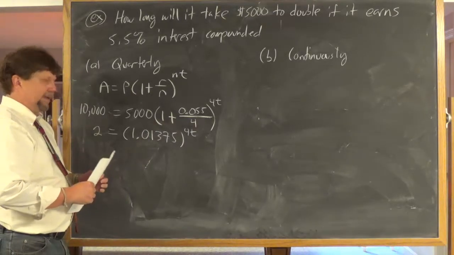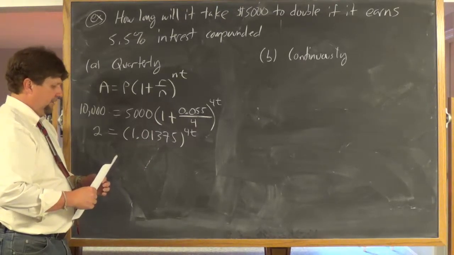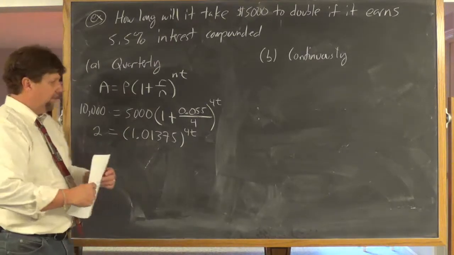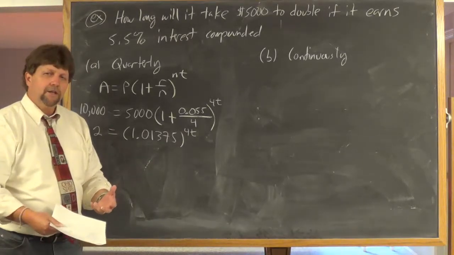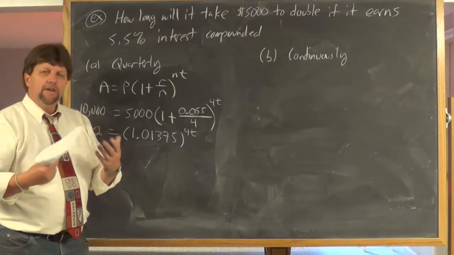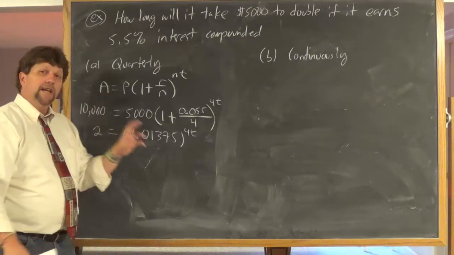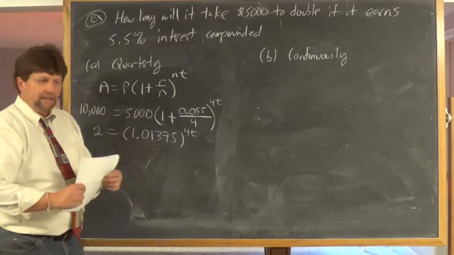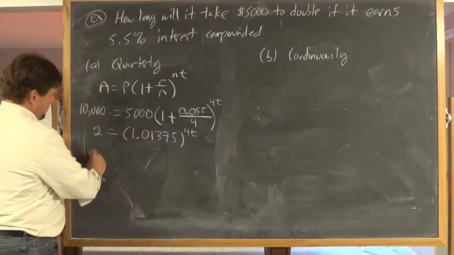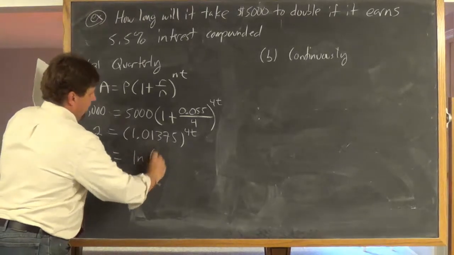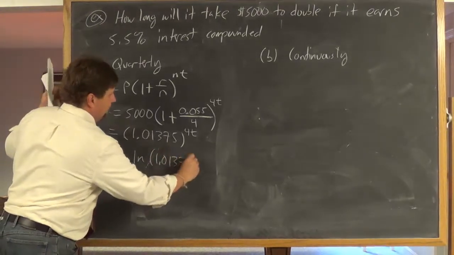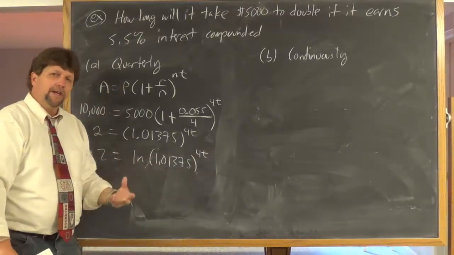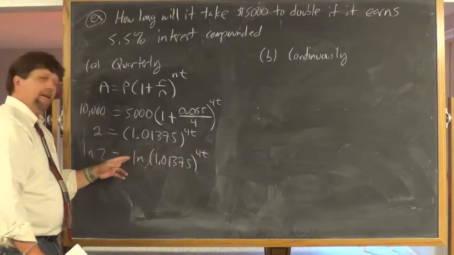So now how in the world am I going to solve this equation for t? Just like we did in the prior example: take the log of both sides of the equation, using the preservation of equality for logarithms. Either take the common log or the natural log of both sides. I'm biased to the natural log, so I'll take the natural log of both sides. And notice, on the right side you're going to use law 3 of logarithms. You're going to put the 4t out front.